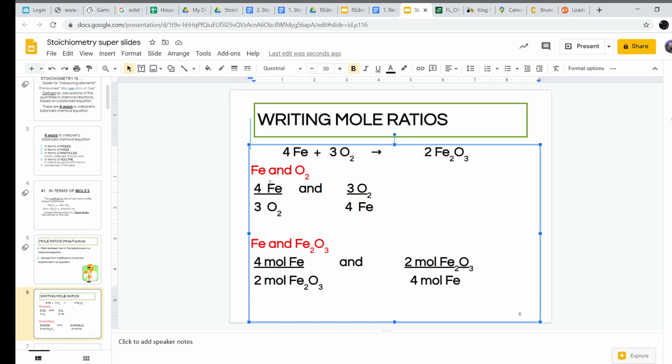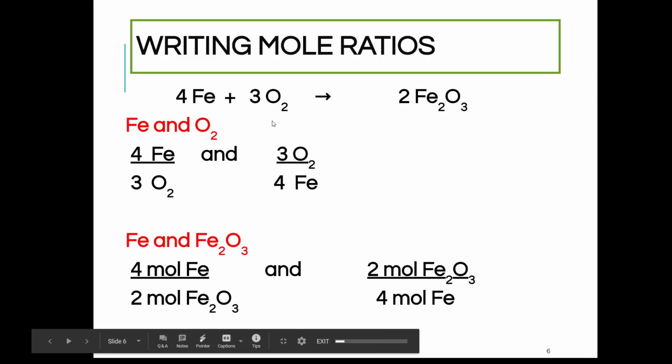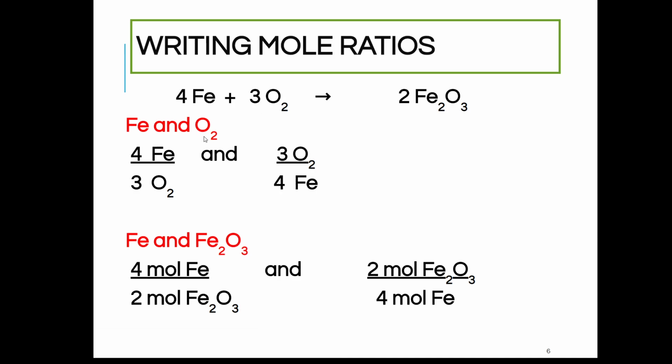Both ways will be correct, but realistically, in this equation here, what this is stating is that 4 moles of iron and 3 moles of O2, and this is a molar ratio. Okay, iron is present with oxygen at a rate of 4 to 3. Iron and iron oxide is at a rate of 4 to 2.